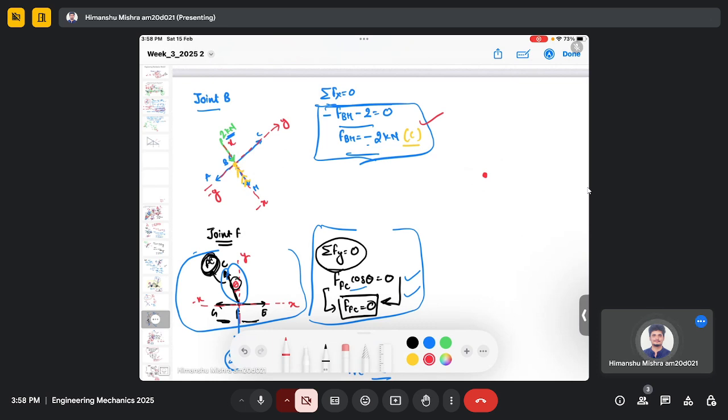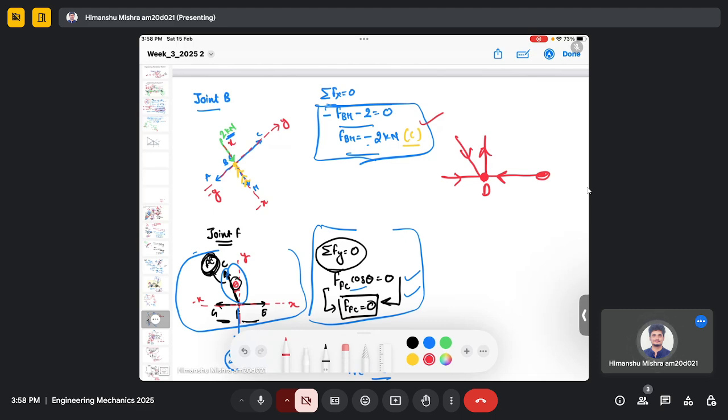Let's say this is your joint, and this is your member, and you are doing the analysis at this joint. If the force is towards the joint, then it will be compression, and if the force is away from the joint, then it will be tensile.